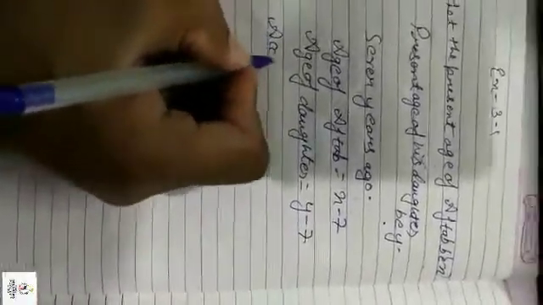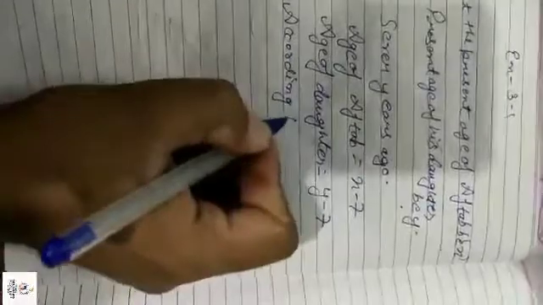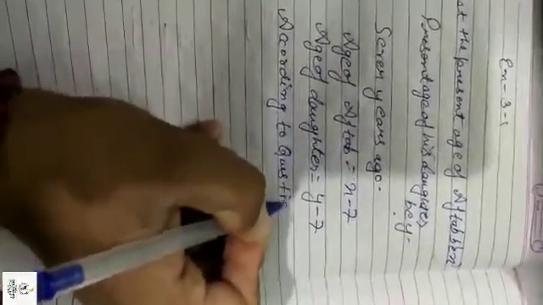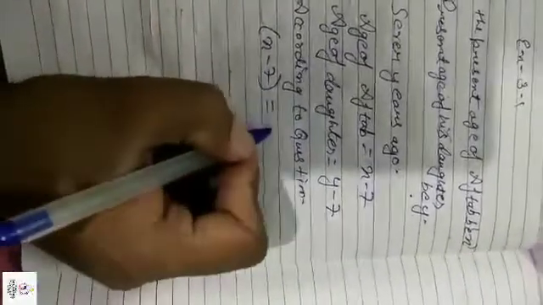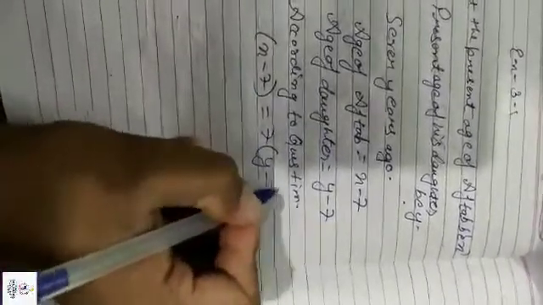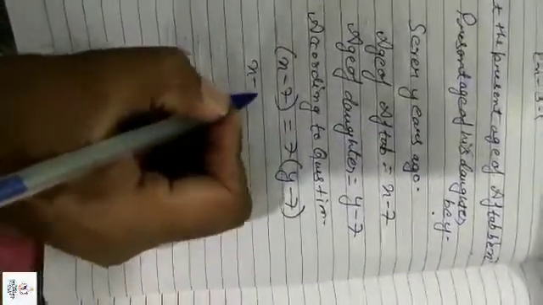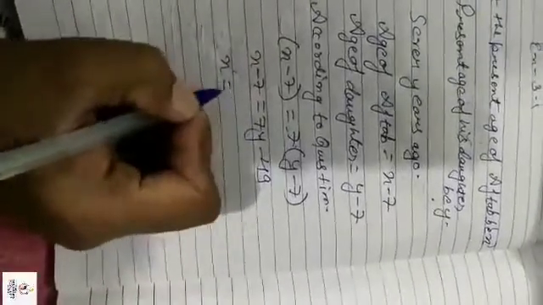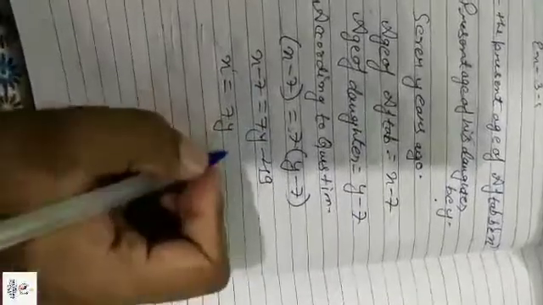Now according to the question, "I was 7 times as old as you were then." It means Aftab's age 7 years ago is equal to 7 times the age of his daughter. So x minus 7 is equal to 7 times y, and 7 times 7 is 49. So x is equal to 7y, and this minus 7 comes to the other side as minus 42. So this will be your first equation.